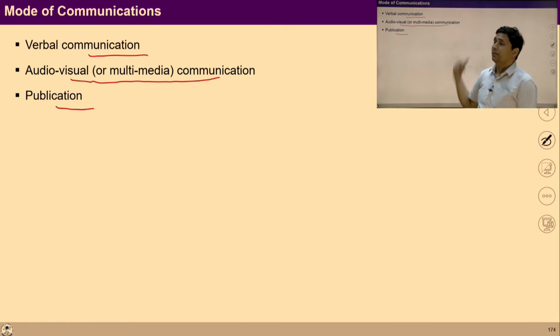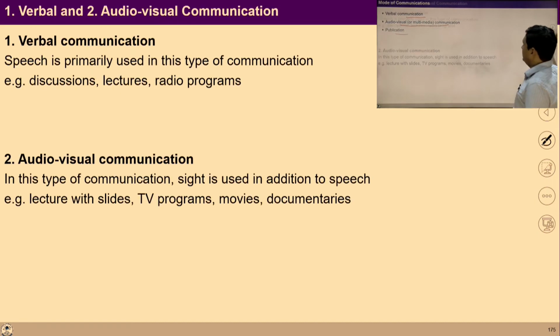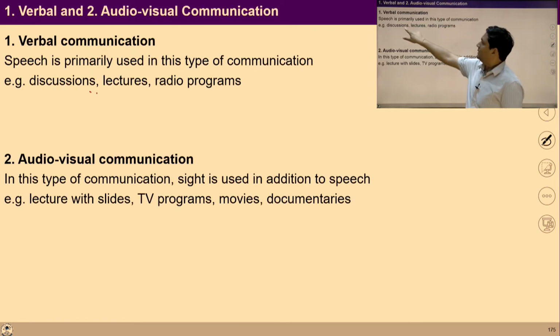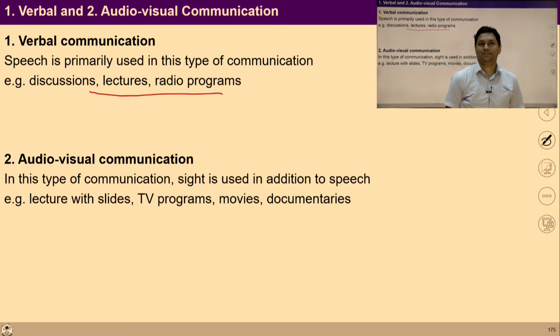In verbal communication, speech is primarily used, that is discussion, lectures, radio programs, etc. In audio-visual communication, sight is used in addition to speech, that is lecture with slides, TV programs, movies, documentaries, etc.